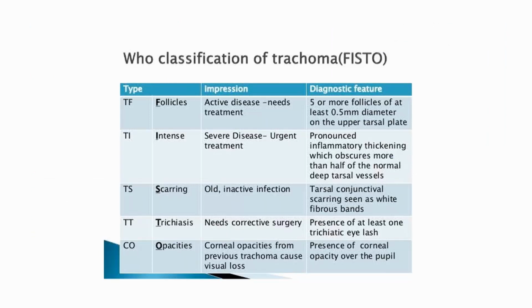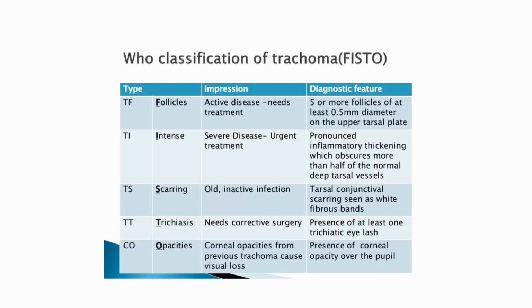It's FISTO, where trachoma F, the first stage, is follicular trachoma, the active disease with 5 or more follicles of at least 0.5 millimeters diameter on the upper tarsal conjunctiva. And if it goes to be intense, trachoma I is a severe disease with pronounced inflammation and thickening, which obscure more than half of the normal deep tarsal vessels.